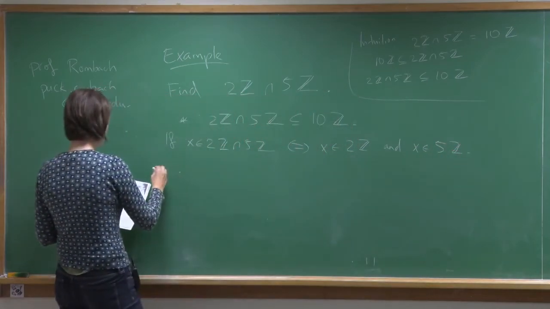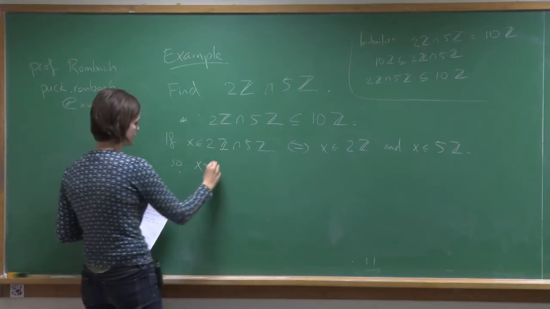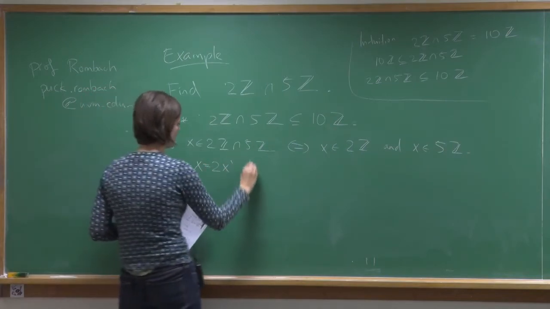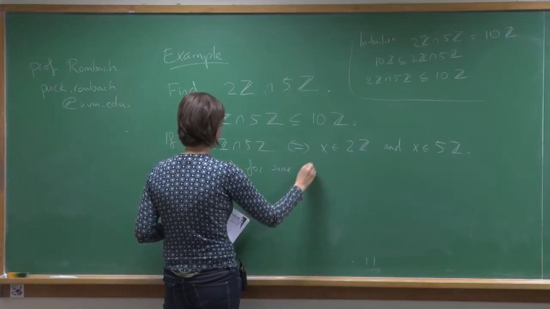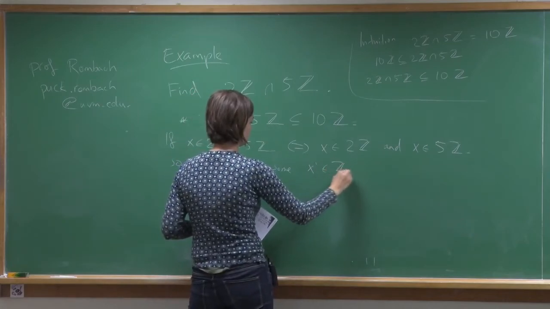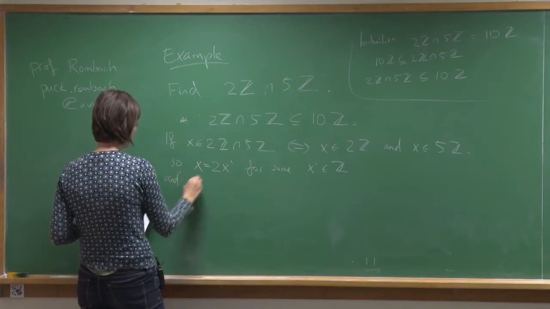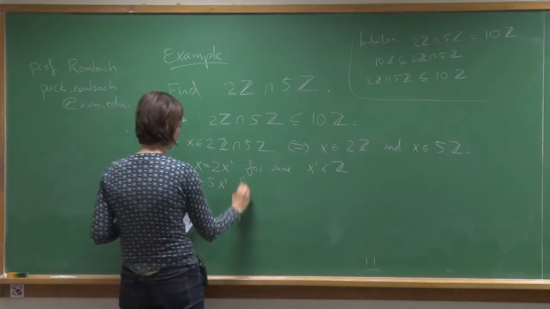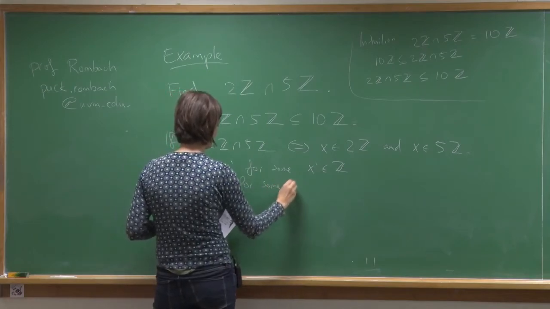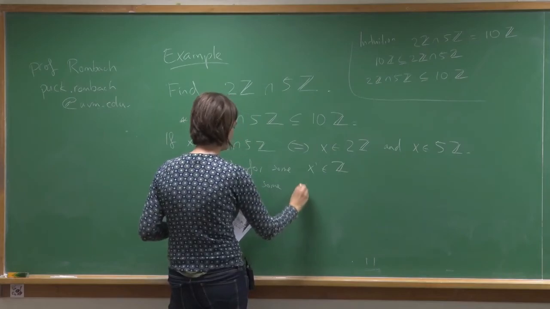So then this means that x is equal to 2x prime for some integer x prime, and also x is equal to 5x double prime for some integer.